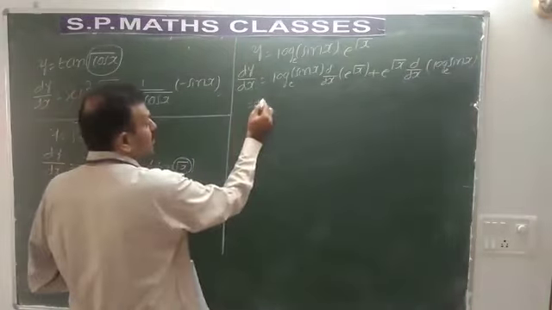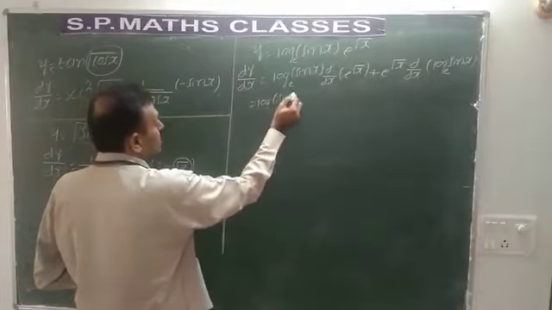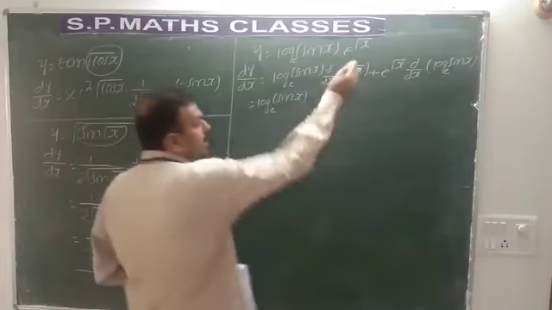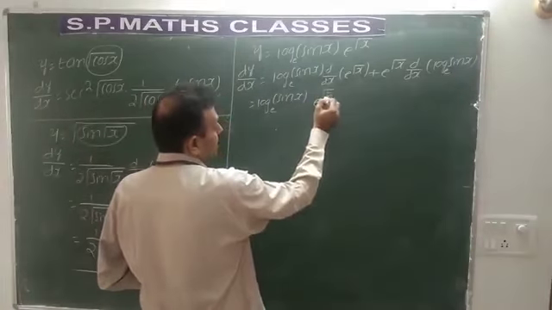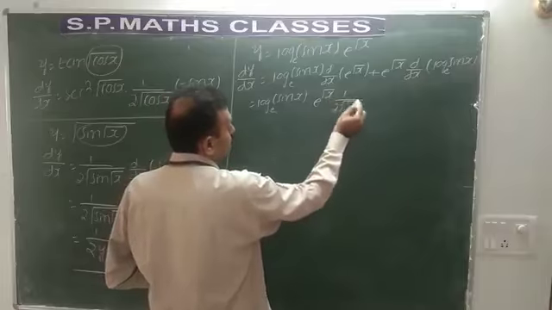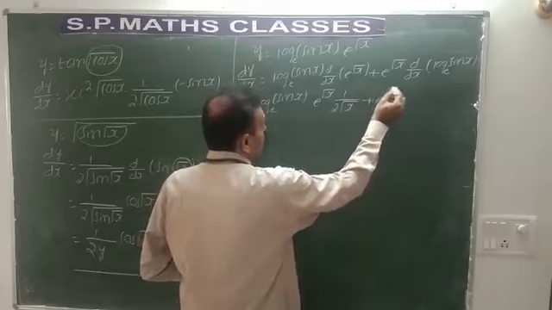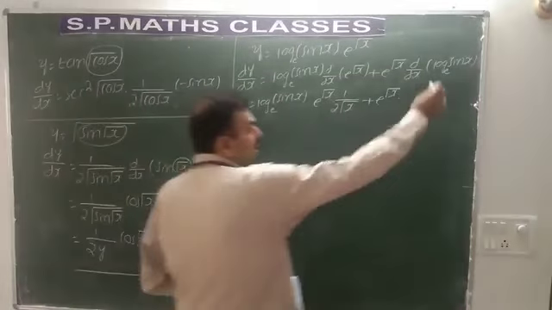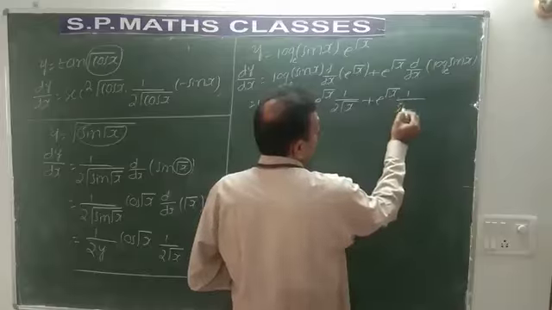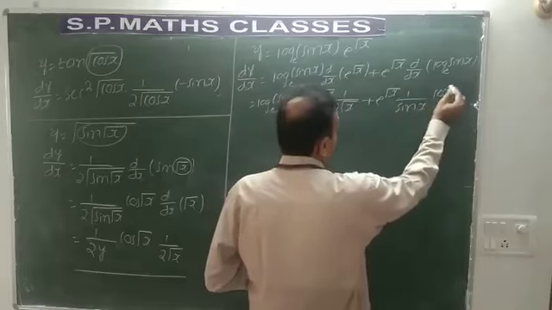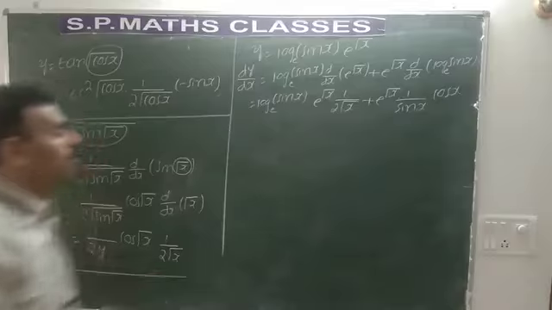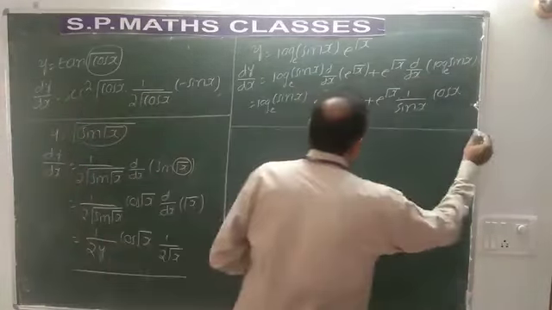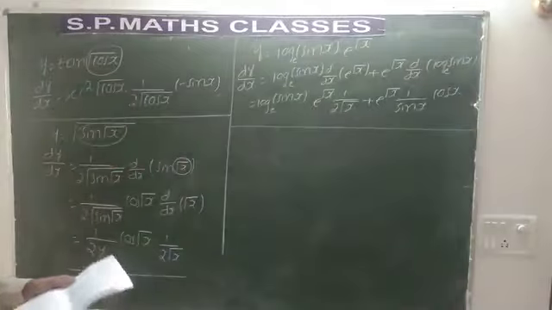Now, log sin x to base e, derivative of e power root x. E power x is e power x, derivative of root x is 1 by 2 root x, plus e power root x. Derivative of log sin x, we take it as log x, it is 1 by sin x, derivative of sin x is cos x. Hope you have understood this problem. So we have to apply the product rule first and then the chain rule.